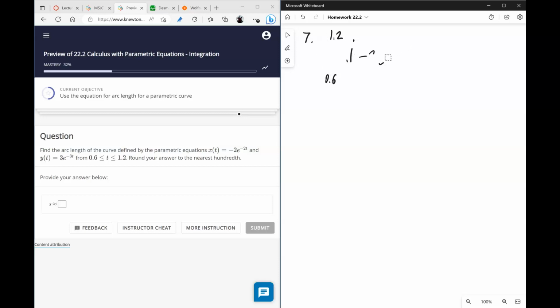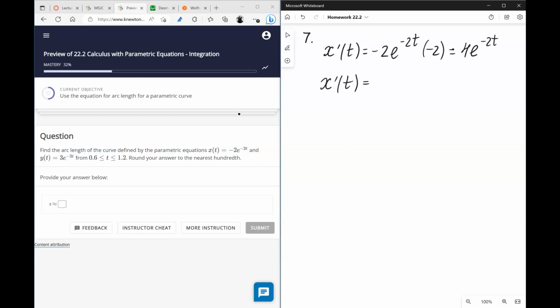Don't want to clutter the page here, so let's find the derivative of x first. It's going to be negative 2 e to the power negative 2t times negative 2. So it's 4 e to the power negative 2t.